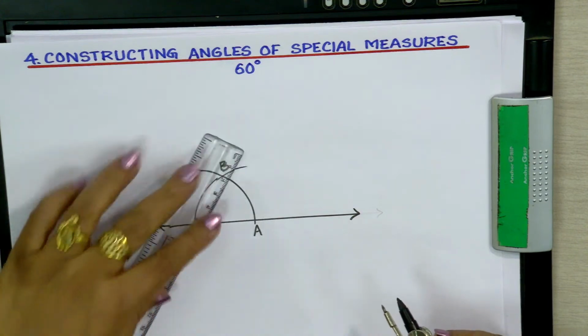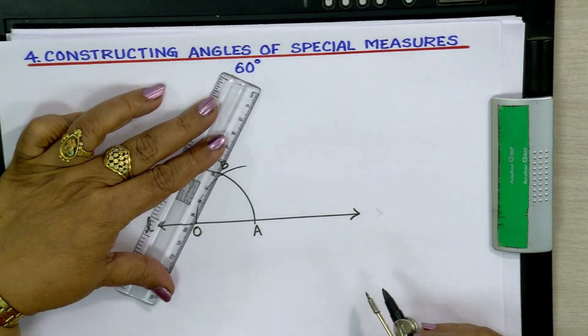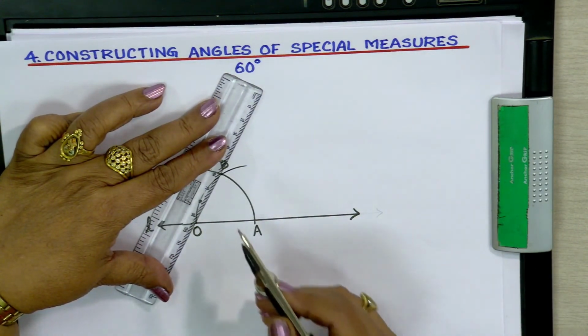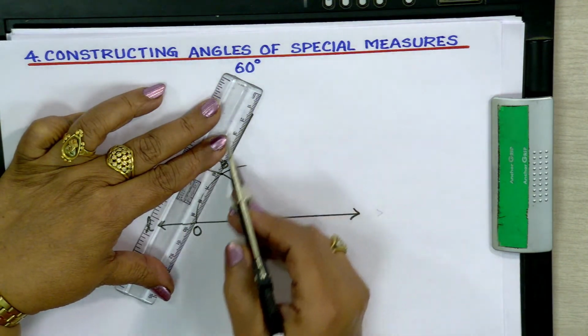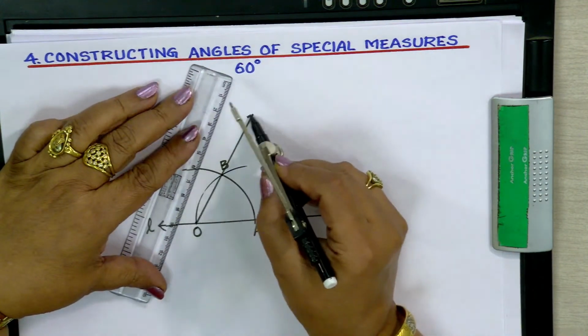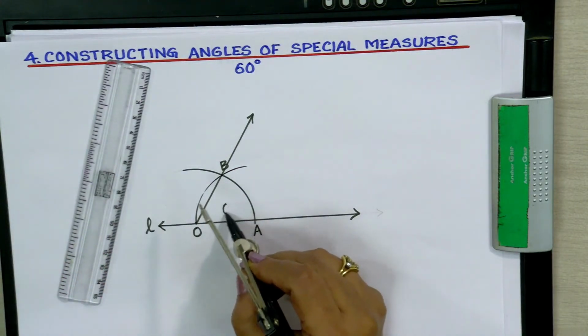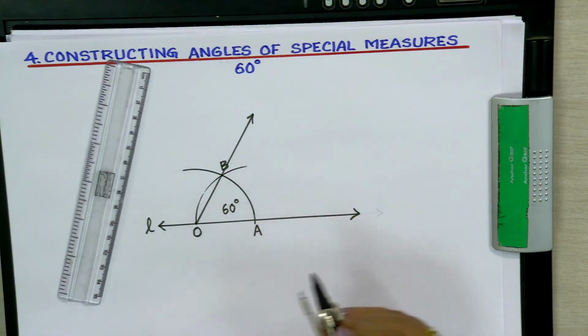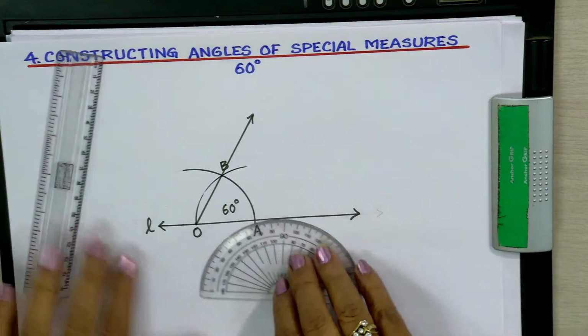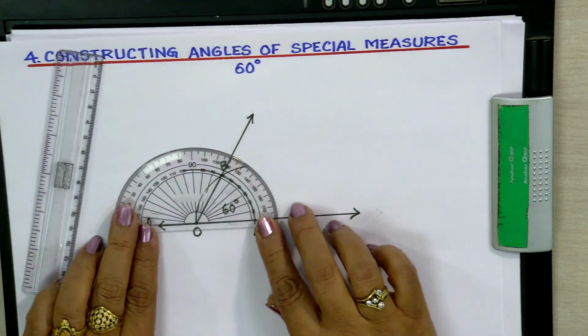If I join this OB, children, it is interesting to note that this angle automatically is of 60 degrees. How interesting it is, isn't it? Let me verify with the help of a protractor. Dharmendra ji, let us see if the construction is really showing us 60 degrees.